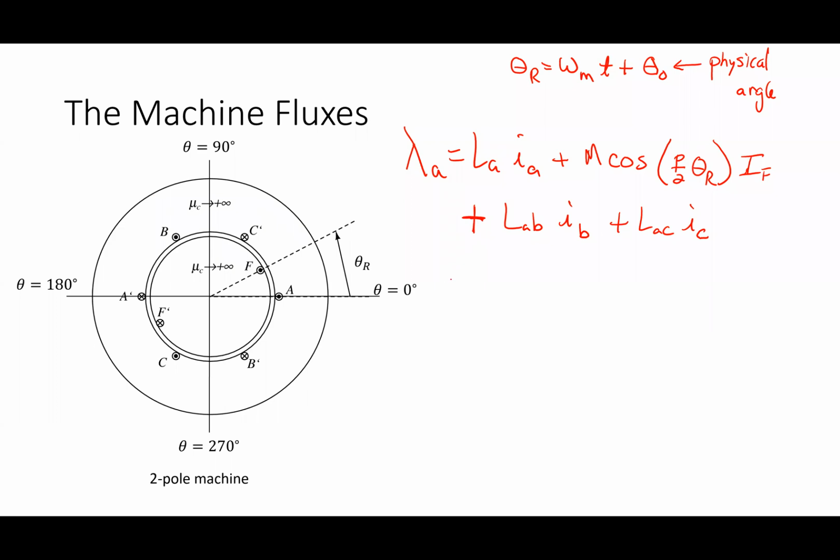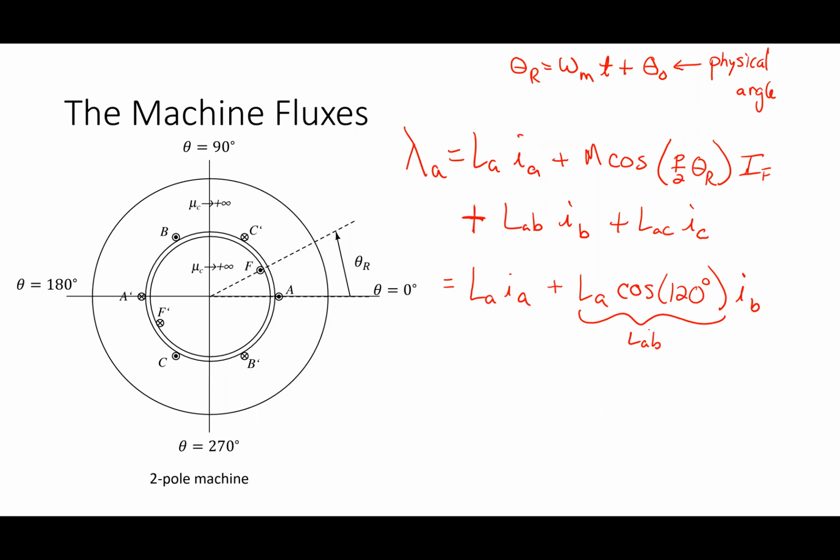All right, so that says that this guy is equal to LA IA. And if those coils are identical, what that means is it basically works out to be LA times cosine of 120 degrees times IB. Whereas this guy right here is my LAB.